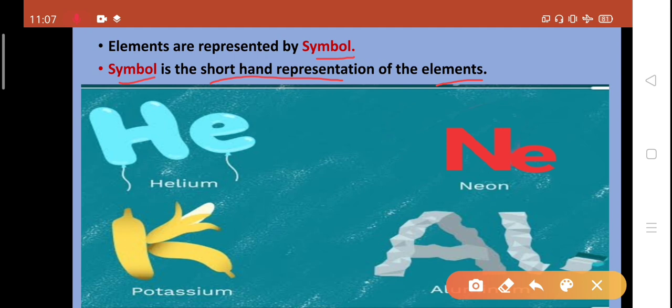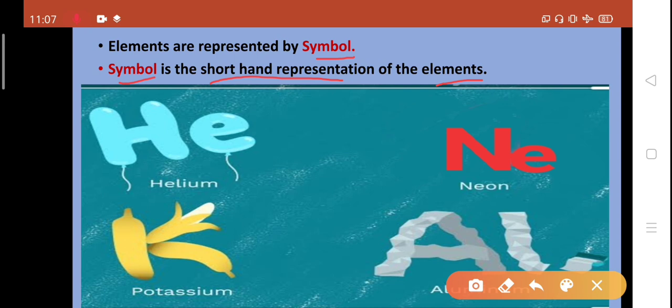For example, suppose we want to write trinitrotoluene. So always it is not possible for us to write the full name of the substance. So for that we symbolize it as TNT.